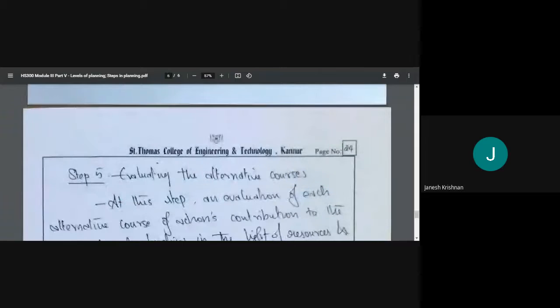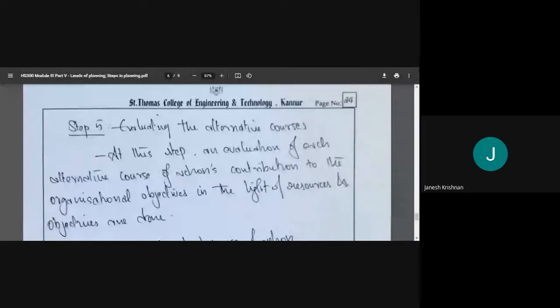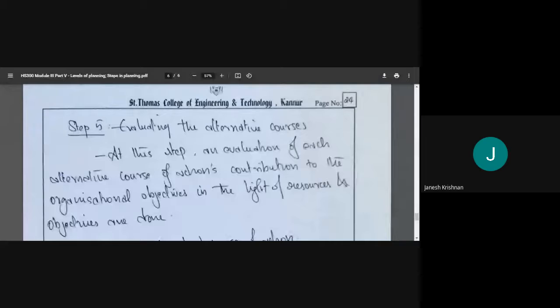Then, based on our need and based on our resources, evaluate the courses. Then we are making a decision.